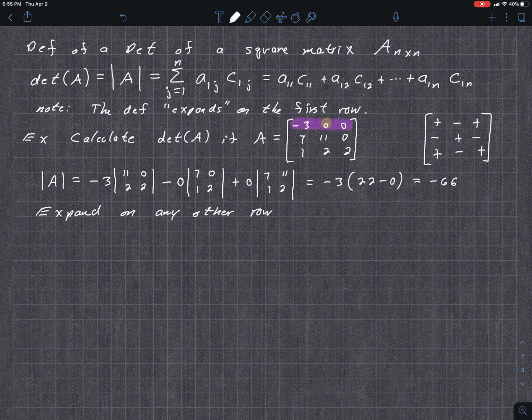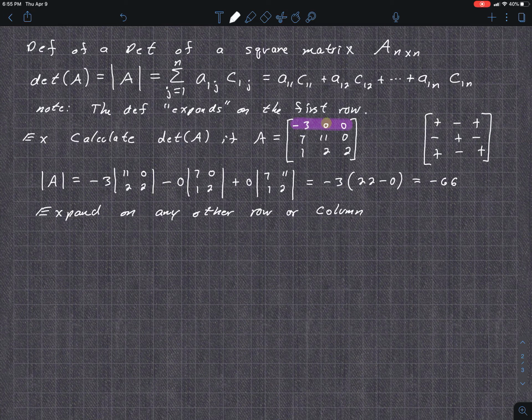So what I want you to do next is expand on any other row or column. So do the same process and use the sign chart and see if you get -66.